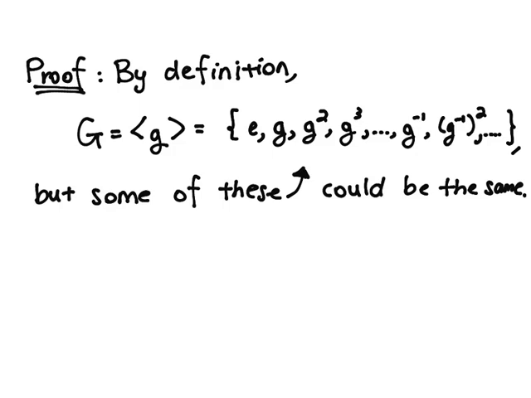But it might be the case that when I write out this really long list, some of the things I've written are the same. Like, I don't know, maybe g squared is the same as g to the 7th, for instance, or g inverse is the same as g to the 4th.